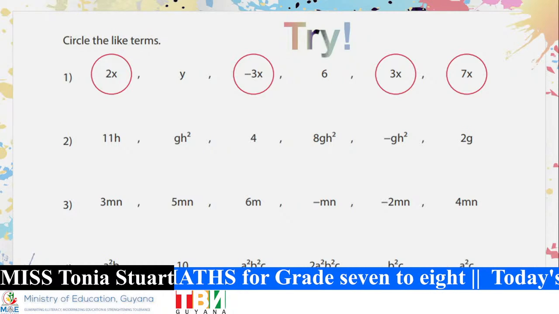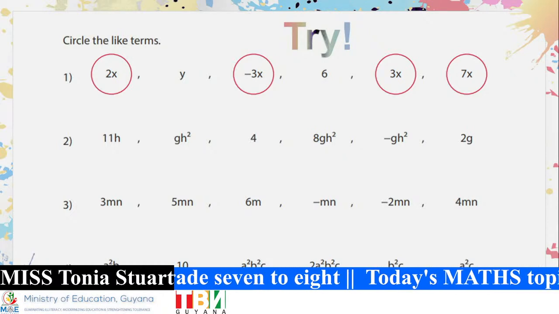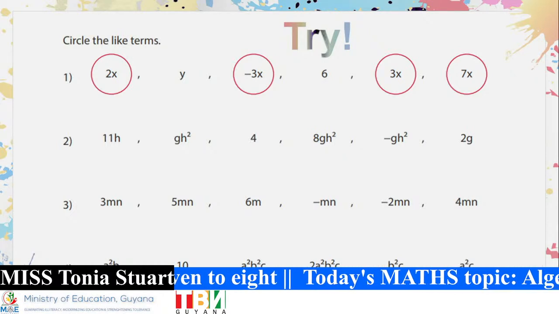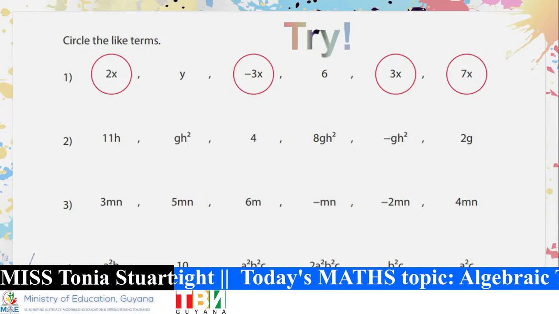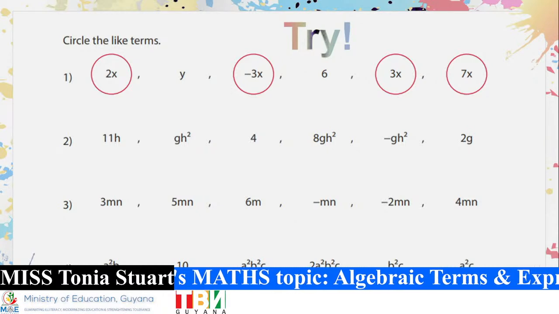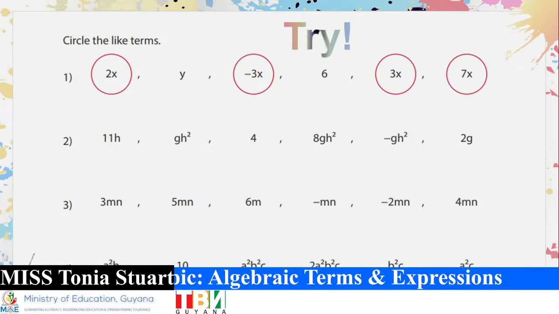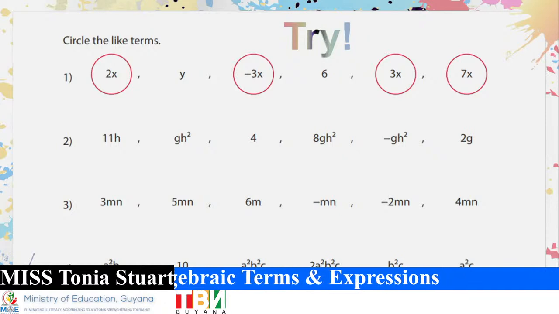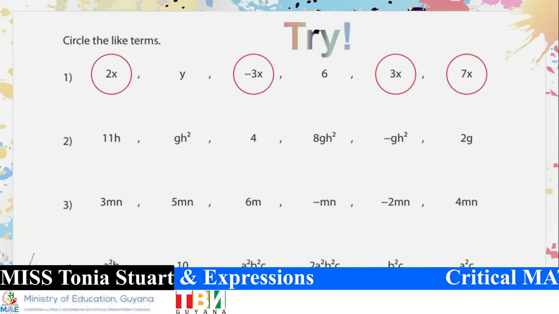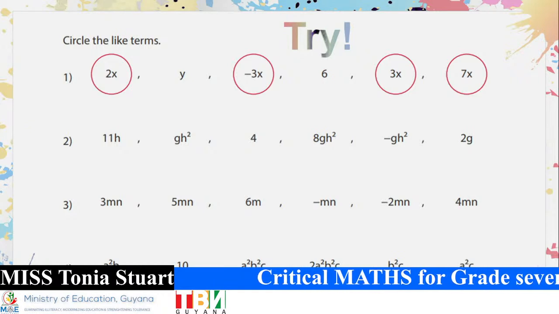No. So, as Shamar would have said, GH squared is like terms with 8GH squared because it's 8 of the same thing. And it's also alike with negative GH squared because it's like you're owing that GH.